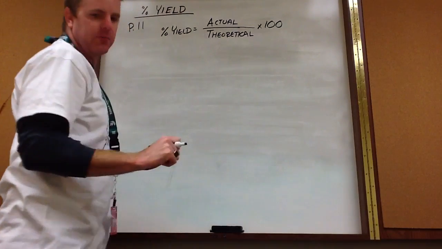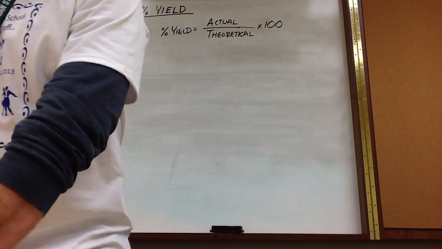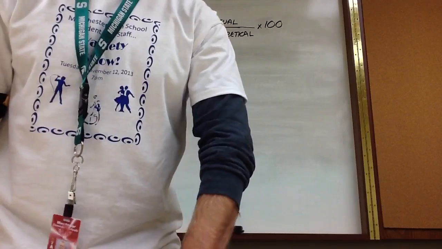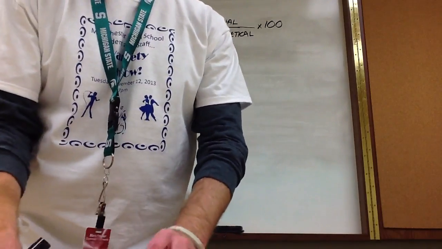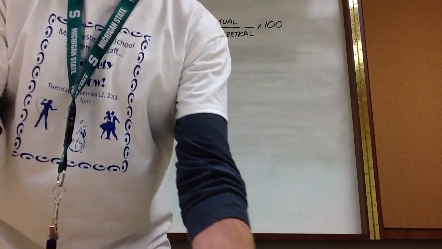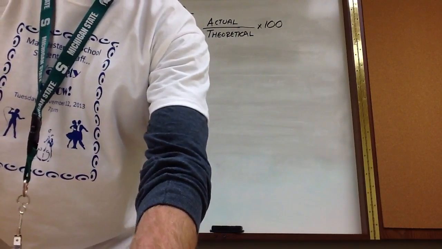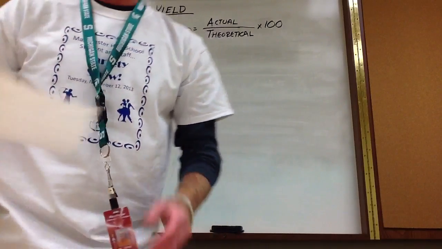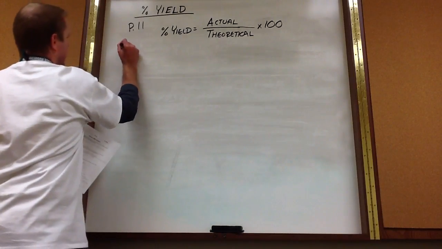So let's do some problems on page 11 and take you through the percent yield process. Okay? So here we go. It says, write out the equation for the reaction of iron 3 phosphate with sodium sulfate to make iron 3 sulfate and sodium phosphate. So the first thing I have to do in number 1 is write out a good chemical equation, right?